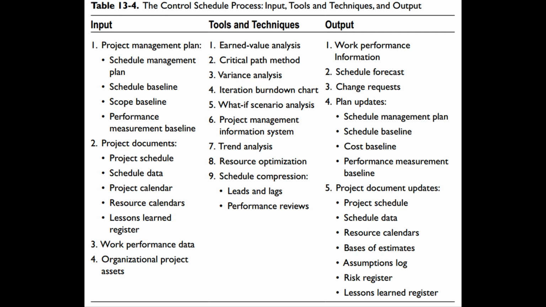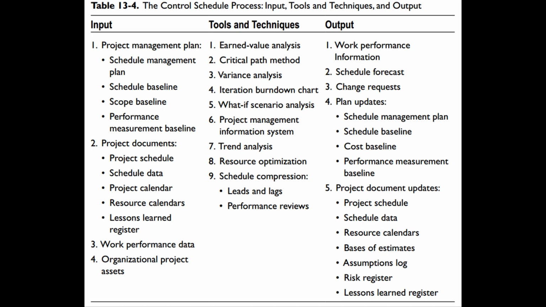Table 13.4. The control schedule process: input, tools and techniques, and output. Input: 1. Project management plan: schedule management plan, schedule baseline, scope baseline, performance measurement baseline. 2. Project documents: project schedule, schedule data, project calendar, resource calendars, lessons learned register. 3.